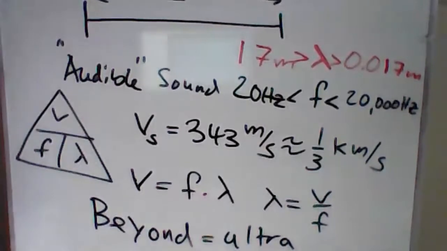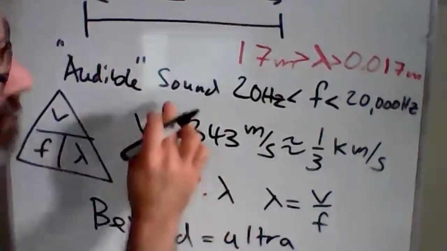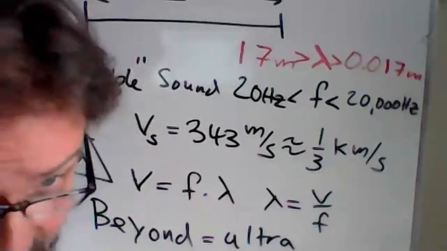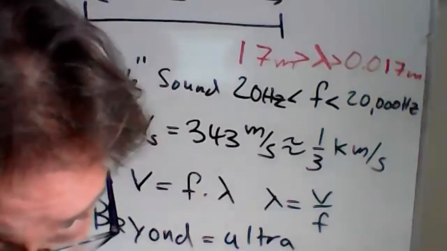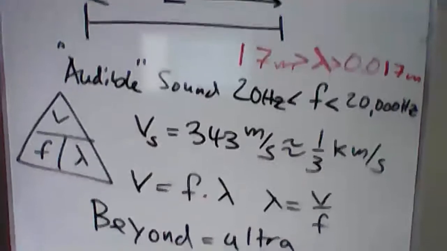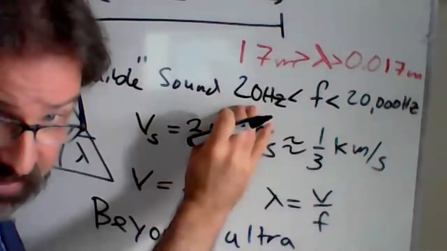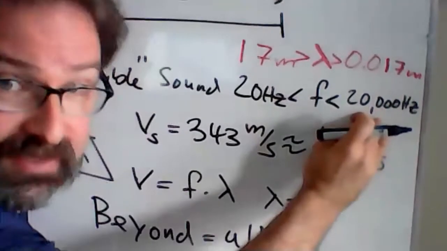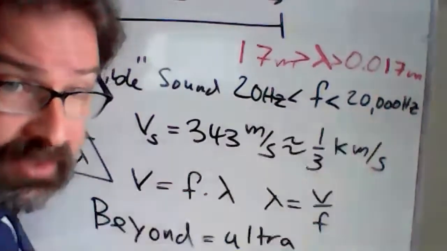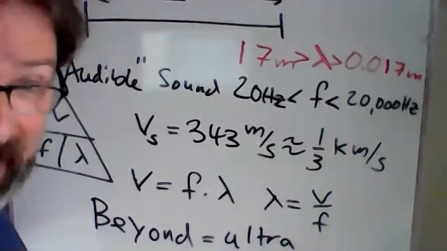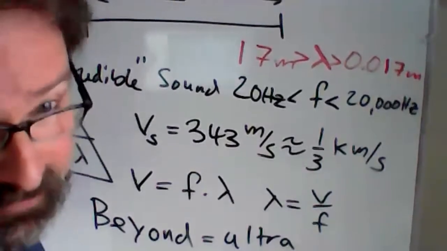So that's why when we talk about beyond the sound, we are talking about ultrasound. Okay, you've heard that before, I think. And ultrasound refers to frequencies that are above 20,000 hertz. Okay, and you can use ultrasound for medical purposes. Now you can't hear it, obviously.